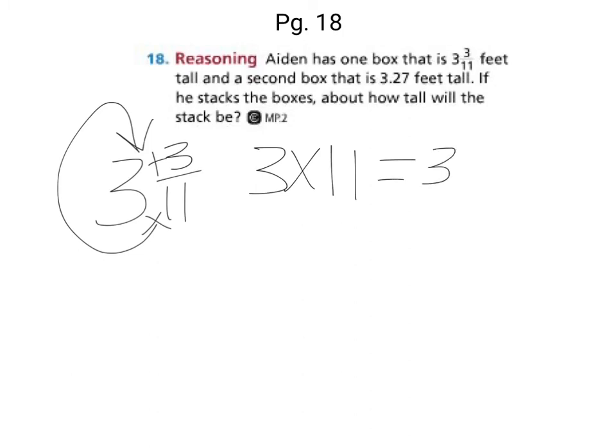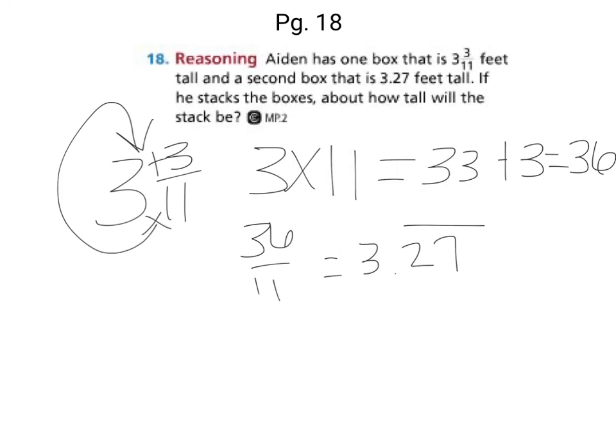Three times 11 is 33 plus 3 is 36. Okay, so 36 over 11. That is 3.27. The 27 repeats.